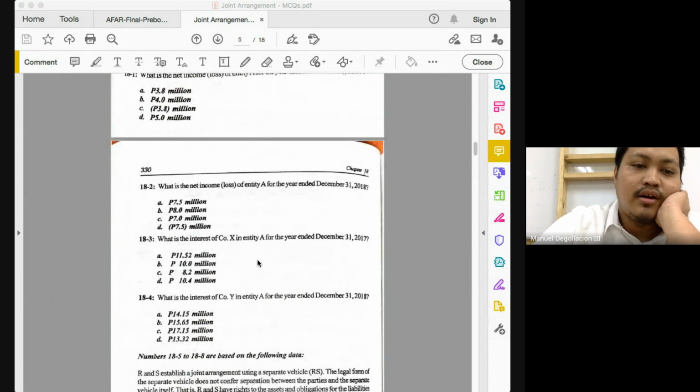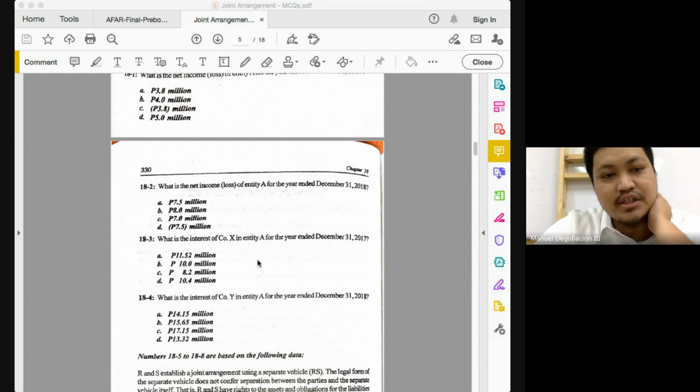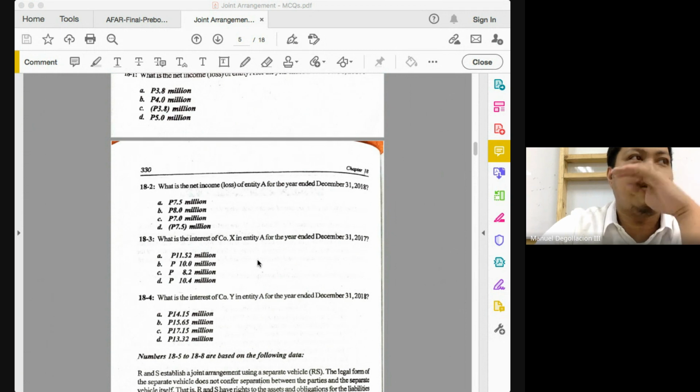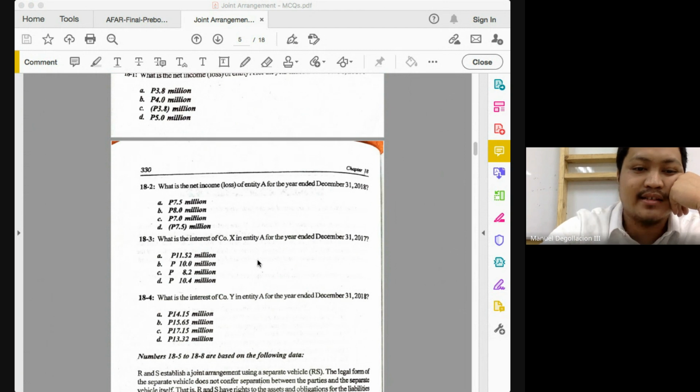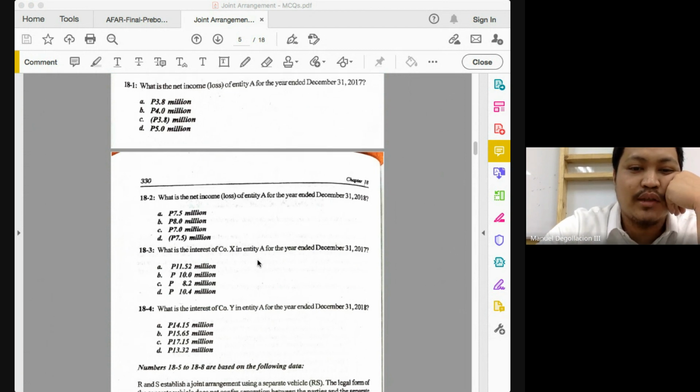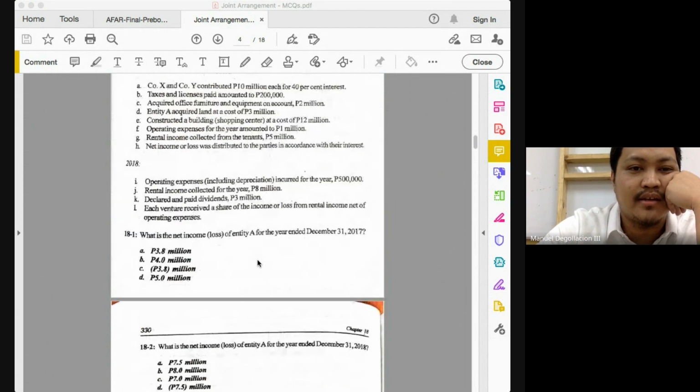Okay, what is of more importance would be knowing how to answer 18-3 and 18-4, class. So basically, equity method. Investments increase, share in profits increase, withdrawals decrease, share in losses decrease. Okay, let's start with Company X. Let's go over the 2017 transactions for Company X.